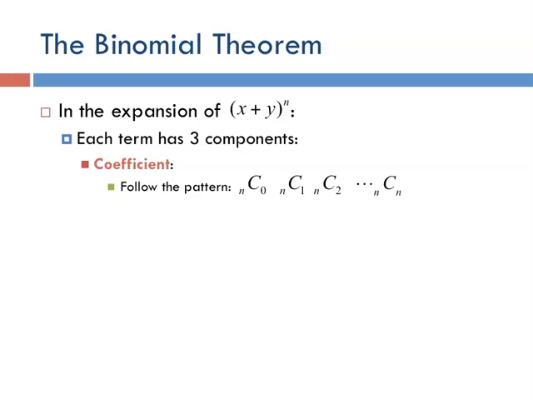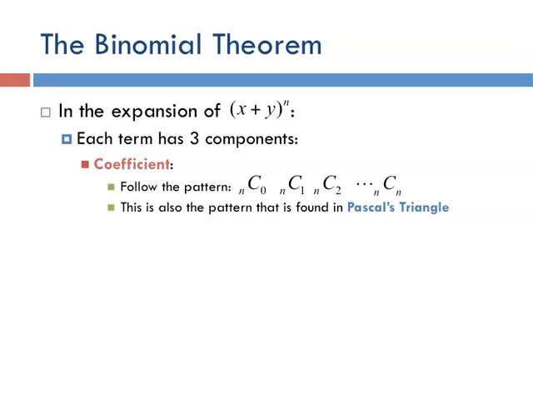This pattern, which we can pretty easily calculate now because we talked about combinations, is also found in what's called Pascal's triangle, and we'll talk about that in just a second if you find that more helpful. But know that you can find the coefficient by using combinations. So that's the first component.